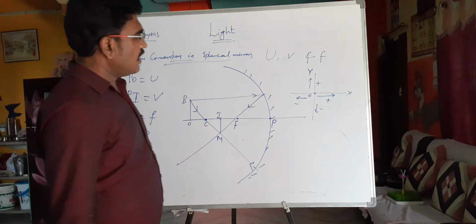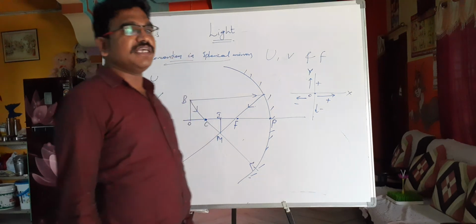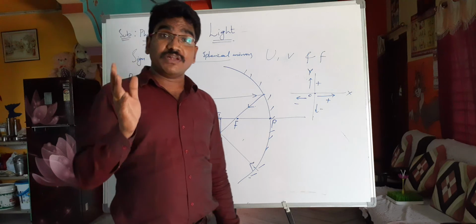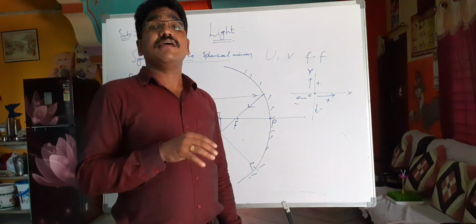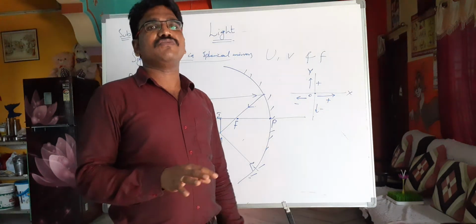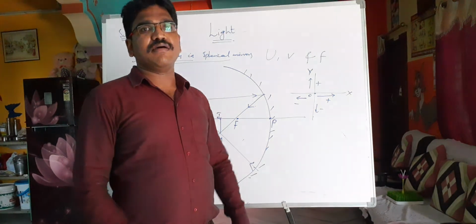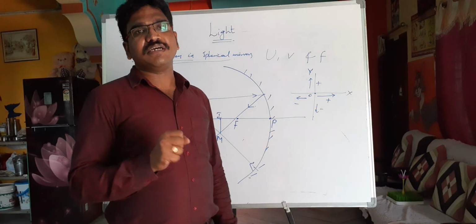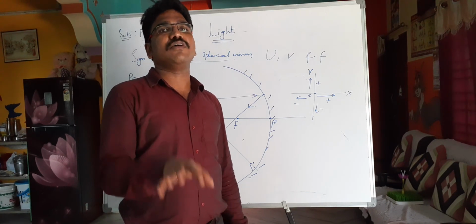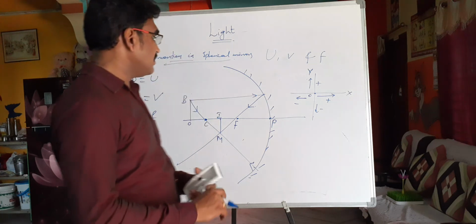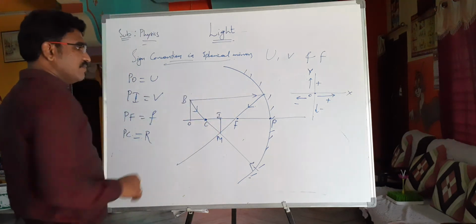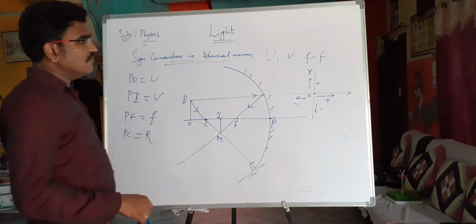To understand whether the image is virtual or real, where the image is formed and where the object is, we combine mathematics and physics, and we understand the calculations of image distances and object distances with respect to the focal length. So whenever you are measuring, you always start from P. That is what I have written now.